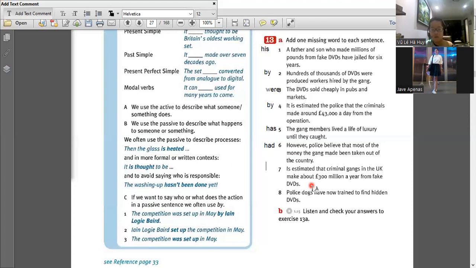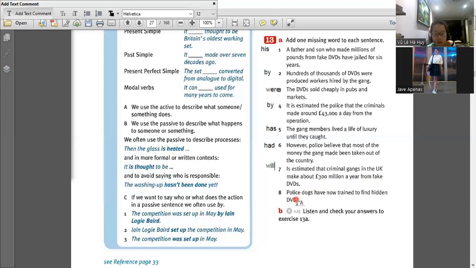It's estimated that criminal gangs in the UK will make about £300 million a year from fake DVDs.